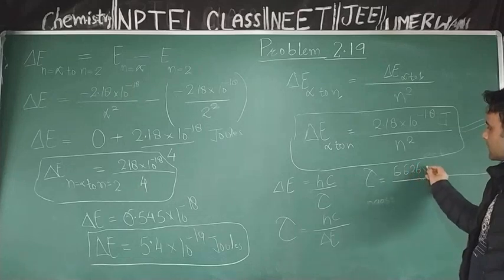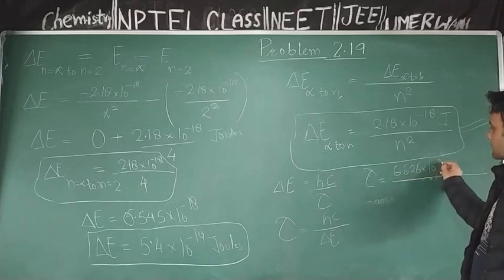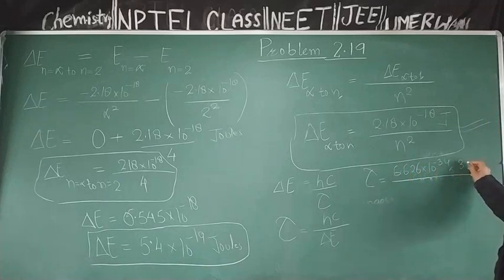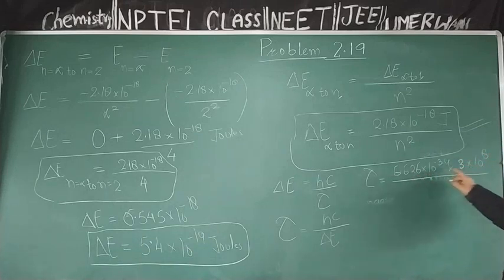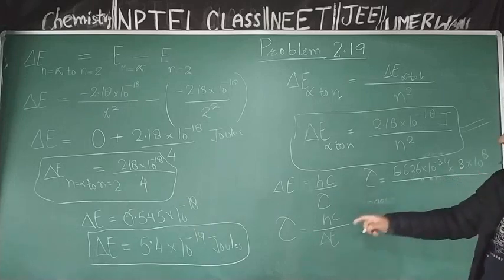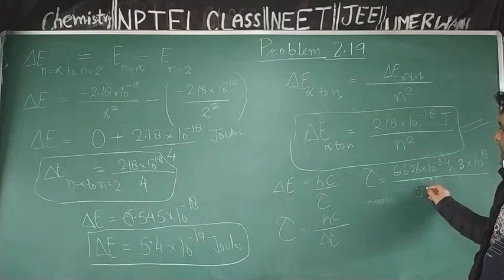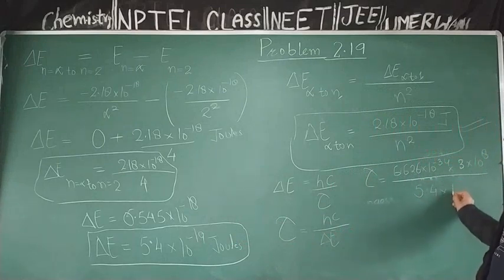Lambda will be equal to 6.626 into 10 to the power minus 34, which is Planck's constant, into 3 into 10 to the power 8, the velocity of light in vacuum, divided by the energy required, which is 5.4 into 10 to the power minus 19.